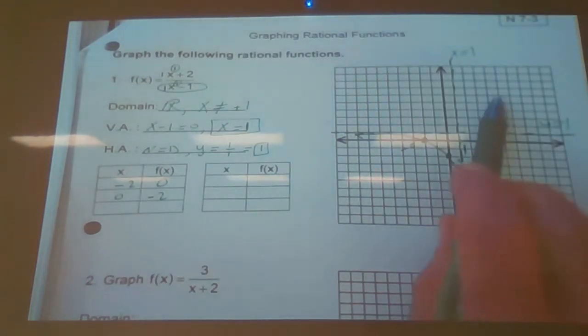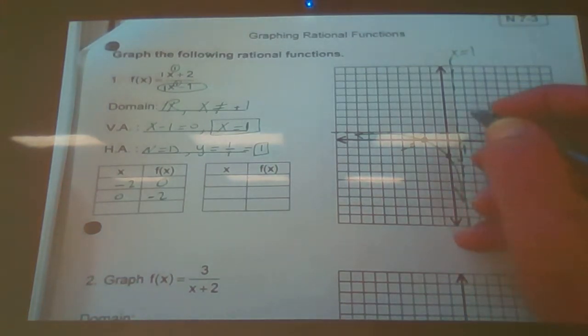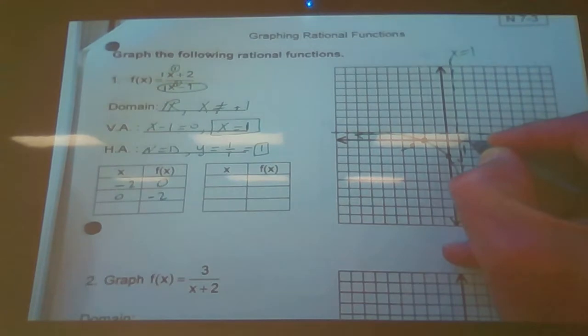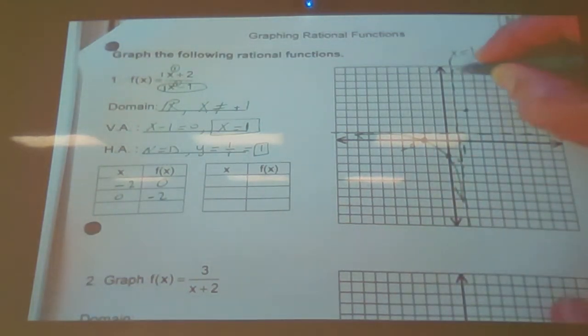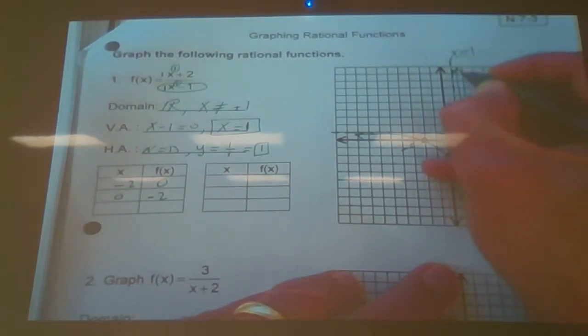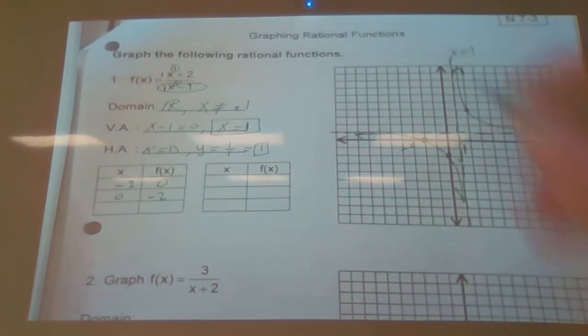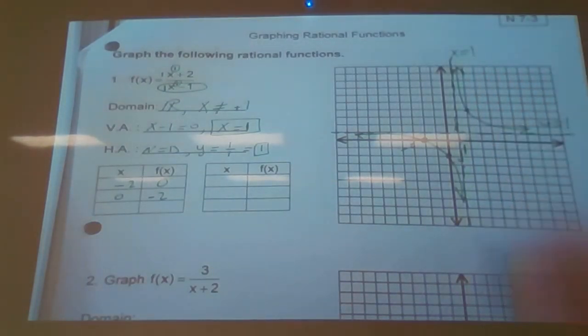To figure out where the other piece is going to be, you plug in some numbers, and it turns out for when x equals 2, y is equal to 4, right here. So we know the other piece of the graph is going to be right here. That's how you put the asymptotes, vertical and horizontal, then you figure out where the graph is going to be.